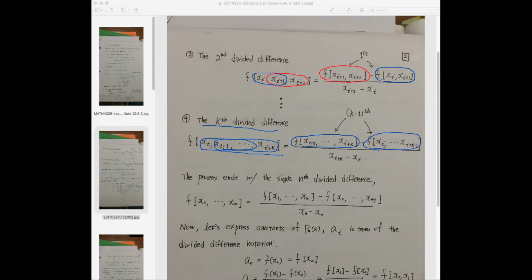Now, as you see, this is equal to a sub 2, and then this is equal to a sub k.